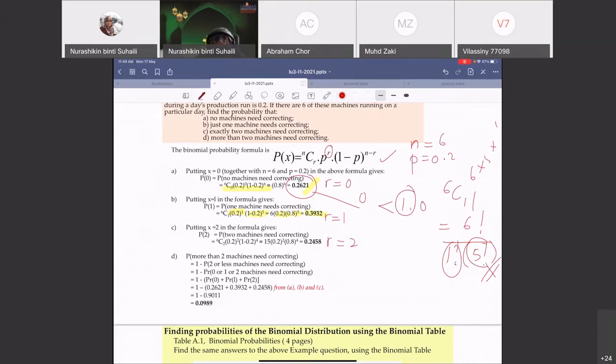Let's have a look at the fourth question: more than 2 machines need correcting. Here there is a trick. More than 2 means it doesn't involve 2. If it involved 2, it would mention that 2 is included, such as at least 2. But when it says more than 2, it means 3, 4, 5, and 6, because here n is 6.